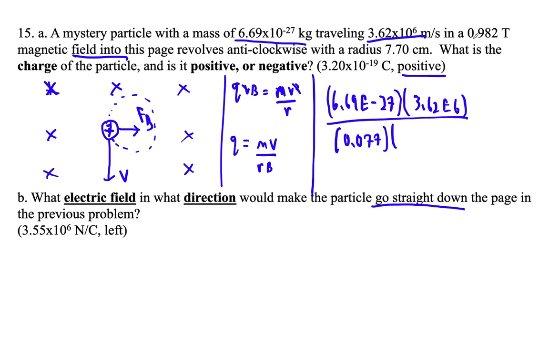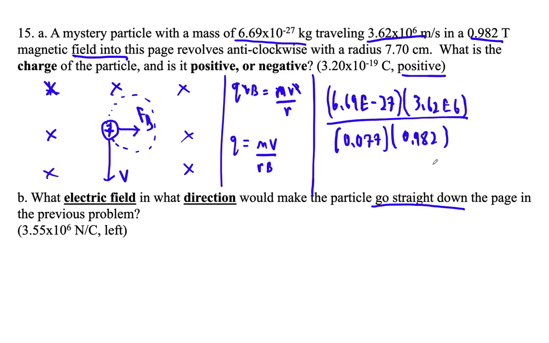And B is 0.982. Okay, I feel like this is one of those things we can do with a calculator. So 6.69 E minus 27 times 3.62 E6 divided by 0.077 divided by 0.982.